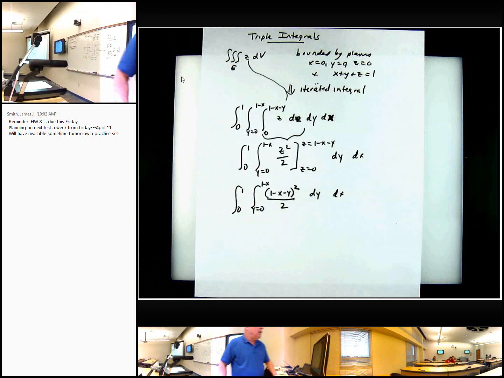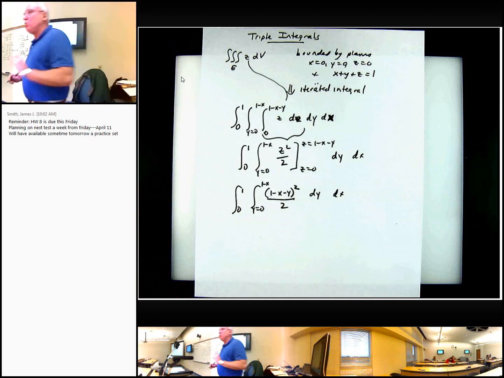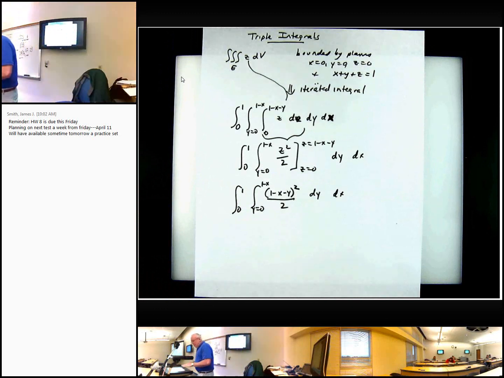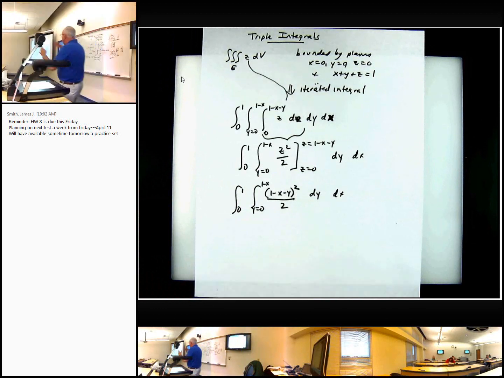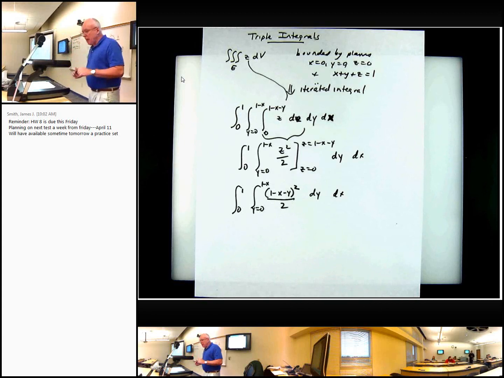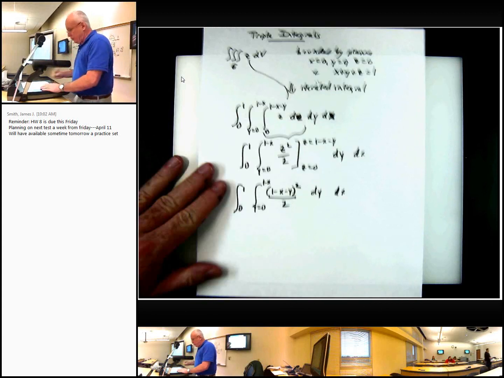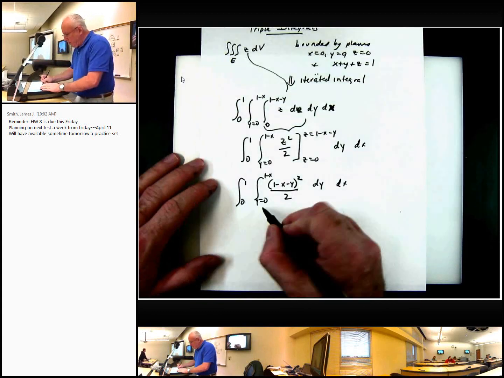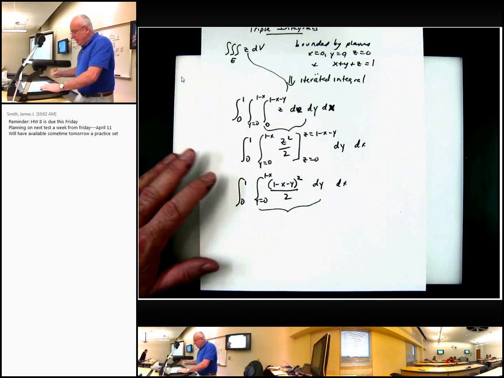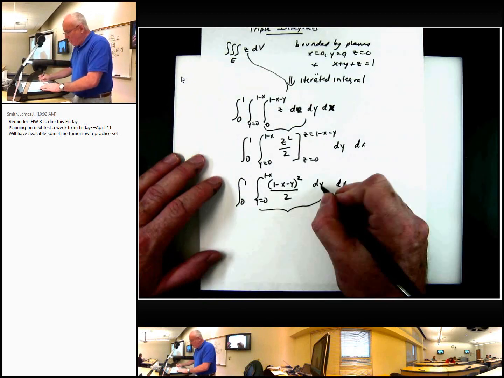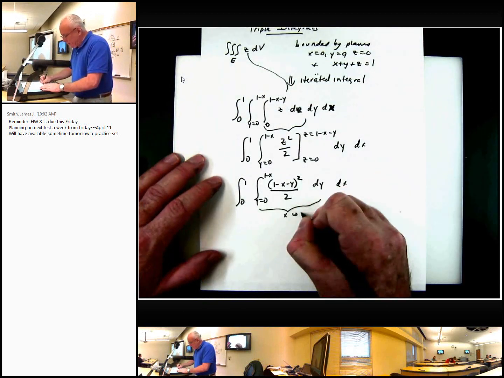Now, the hard way to work this problem is to FOIL that whole thing out and then start on it. The easier way to attack this problem is to do a U substitution. Remember, we're integrating with respect to y, so x is constant.